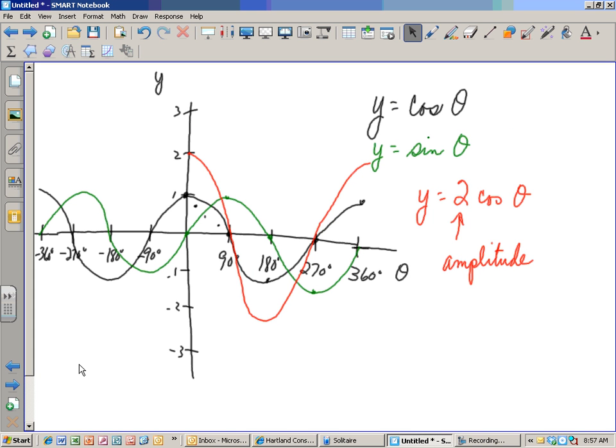Let's graph the cosine curve in your calculator. Go to your y equals, and we're going to plug in cosine of x. Use your x variable key, because that's also used for theta.